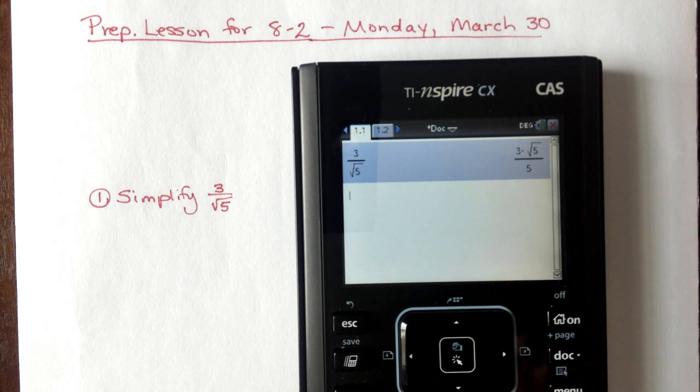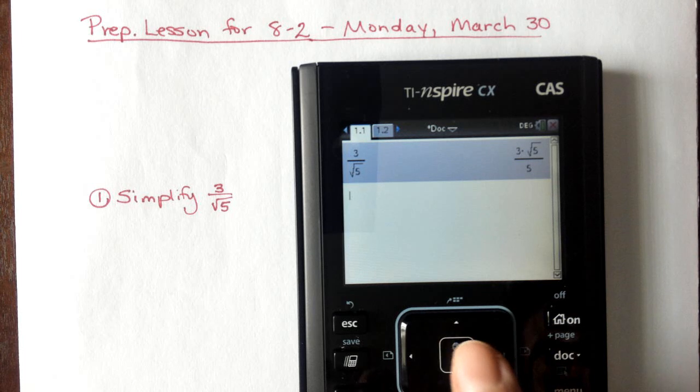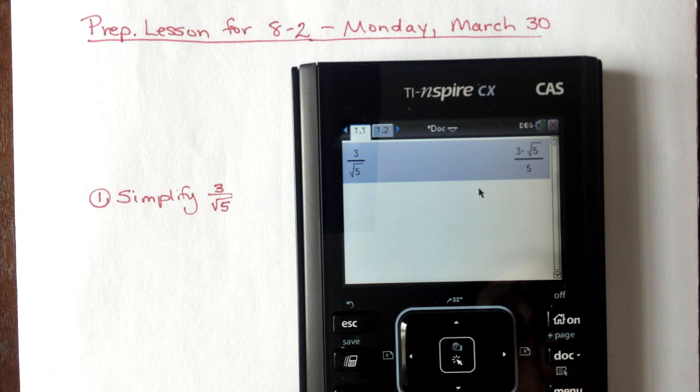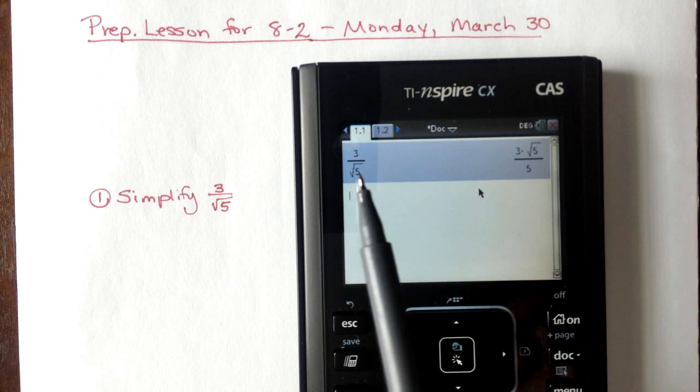Now you might argue that doesn't look simpler. There's more stuff here than we had here. The reason we consider this a simplified form is because there's no radical in the denominator. And for reasons that some mathematicians actually argue over, this is considered a better version than this.